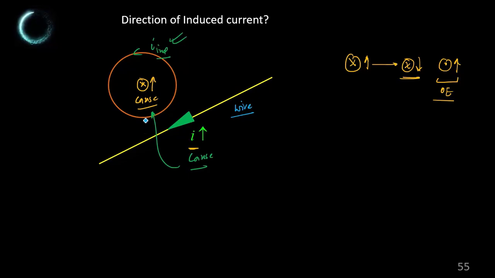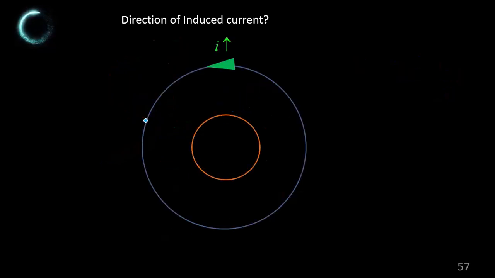Now, whenever the loop comes into the picture, the convention has to be changed. In that situation, you should curl the finger along the I, and the thumb will give the direction of the field.